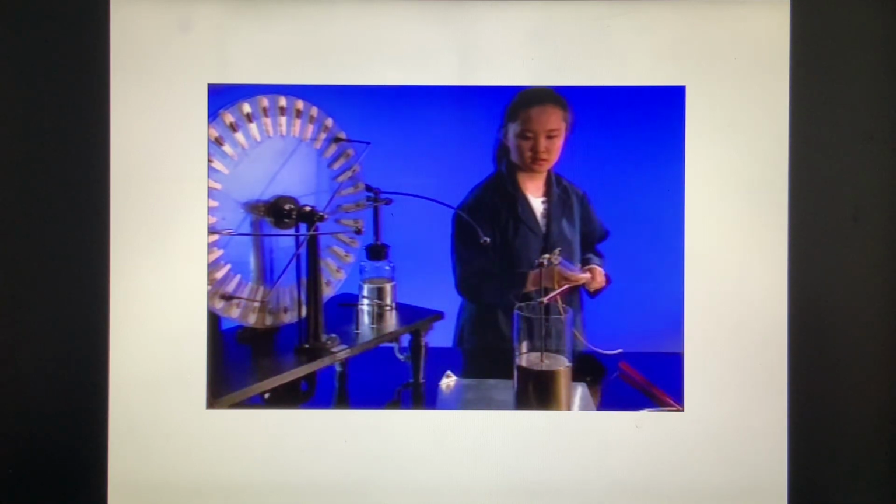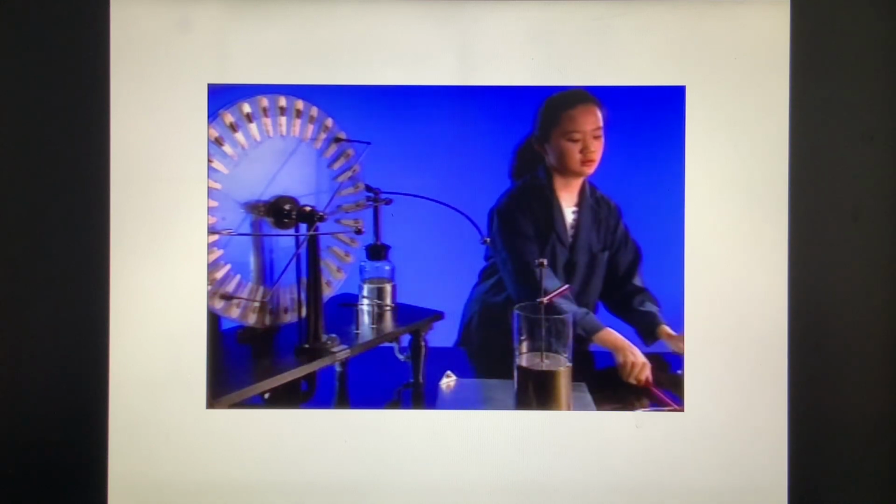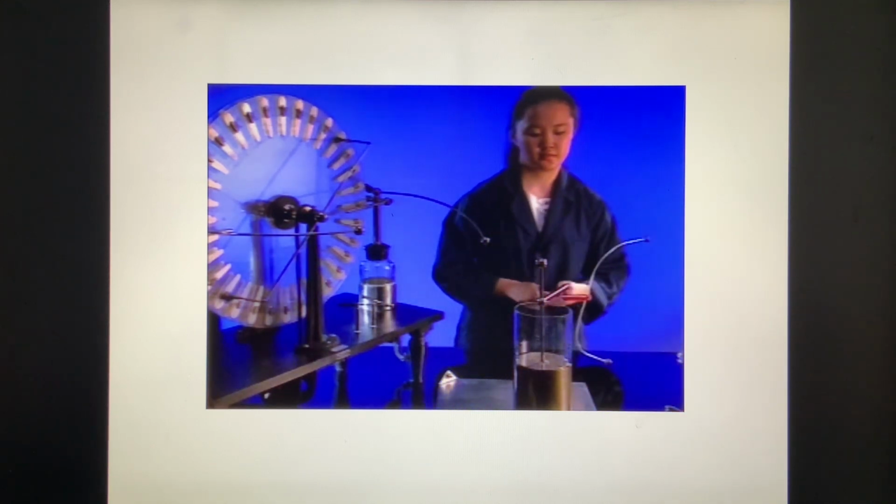The potential difference between the two plates is all that matters, not the absolute potential of either plate.